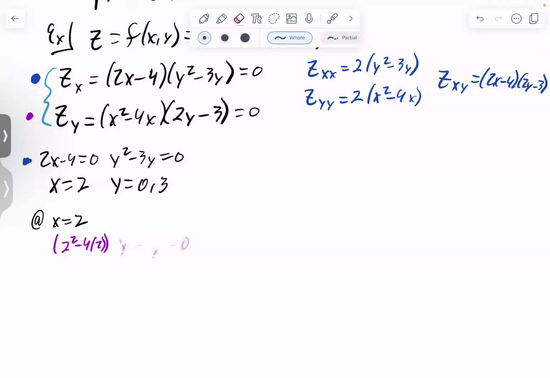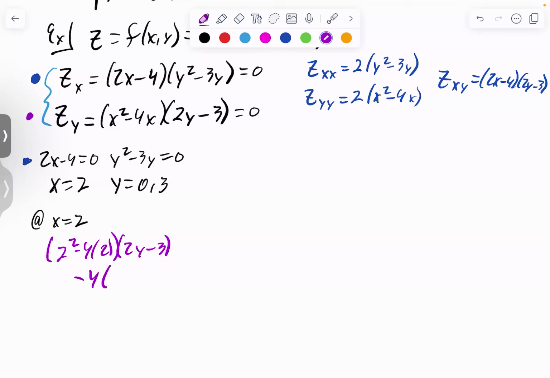I'm sorry, I'm plugging this into the wrong one. I need to plug this into the other equation. So this is going to be 2 squared minus 4 times 2, and then 2y minus 3. And this is going to give me 4 minus 8, that's -4, and then 2y minus 3. And that, of course, is going to equal 0. So y is going to be 3/2. So my first critical value is (2, 3/2).